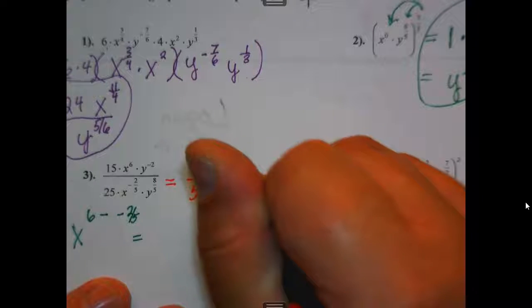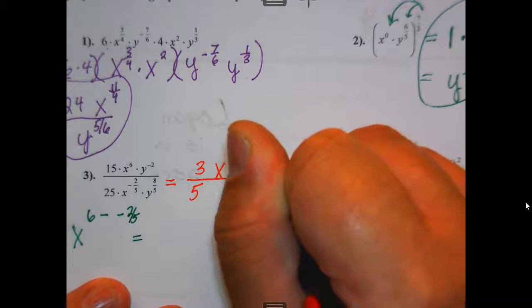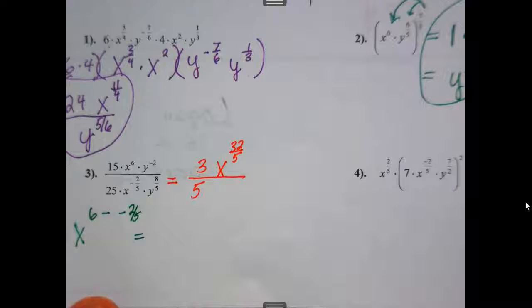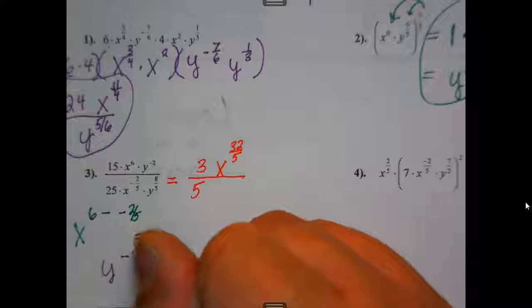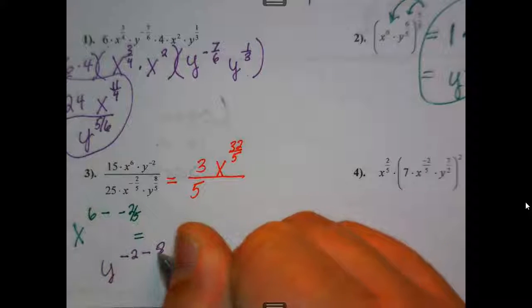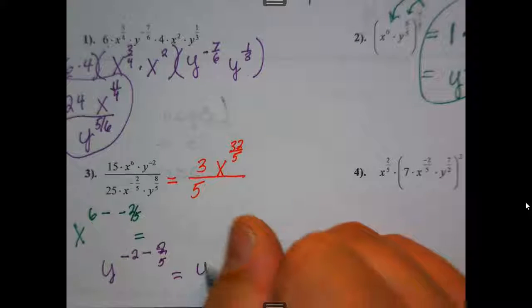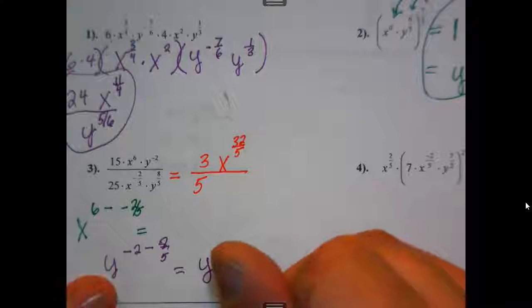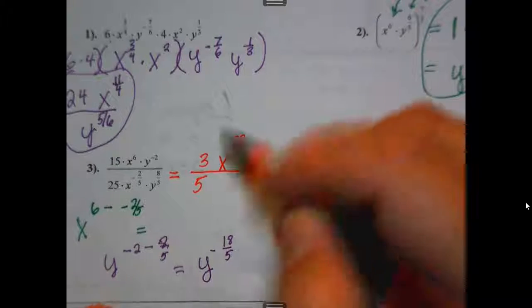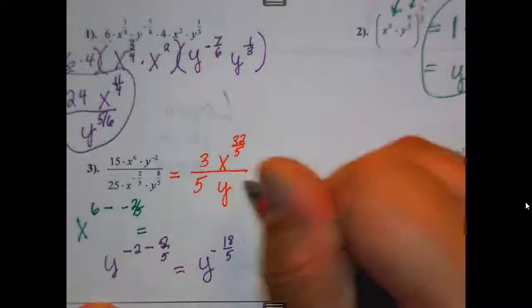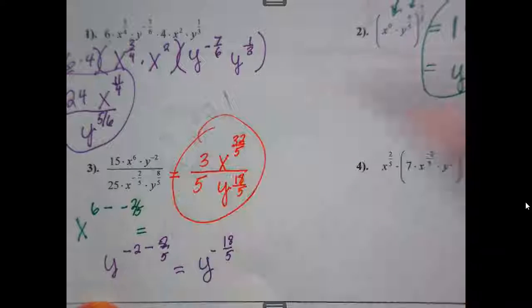So x to the positive 32/5. Okay, what is y to the negative 2 minus 8/5? Negative 18/5. So it's going to go in the bottom. And that's my answer.